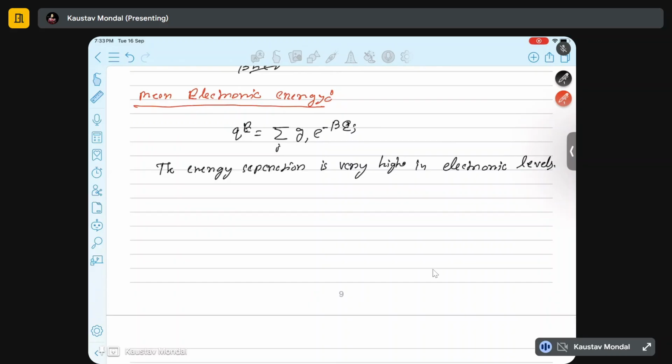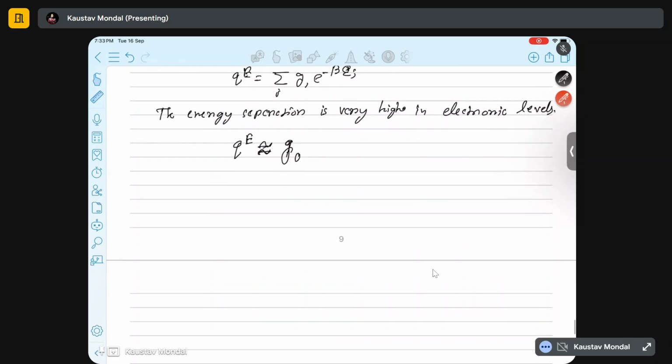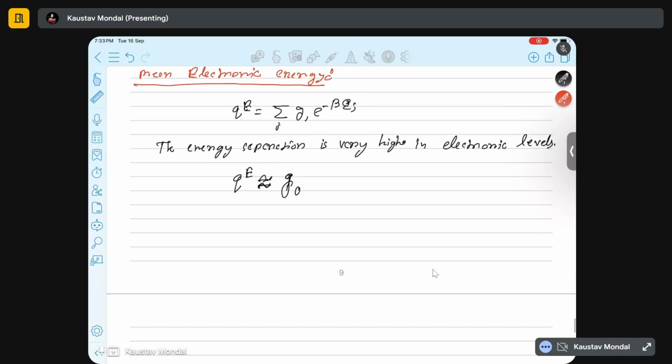We have approximated the electronic partition function to the degeneracy of the ground state energy level, that is denoted by g0. So that means we can write the average energy that comes from the electronic contribution as this angular bracket here.